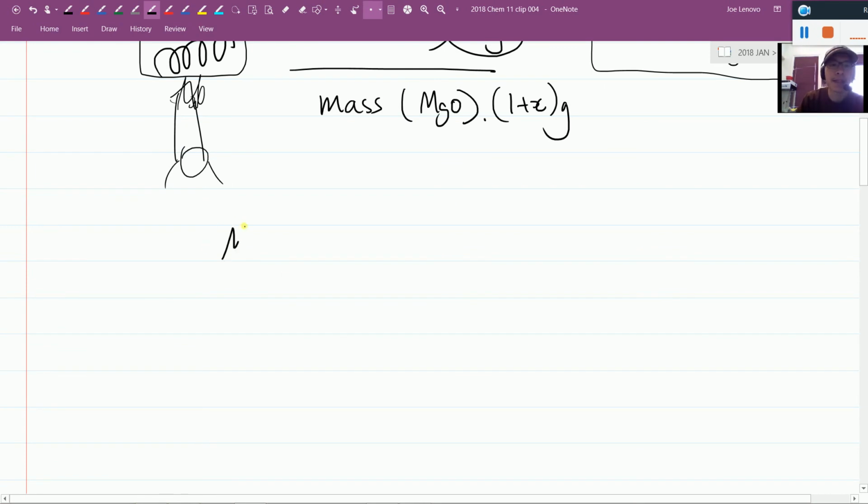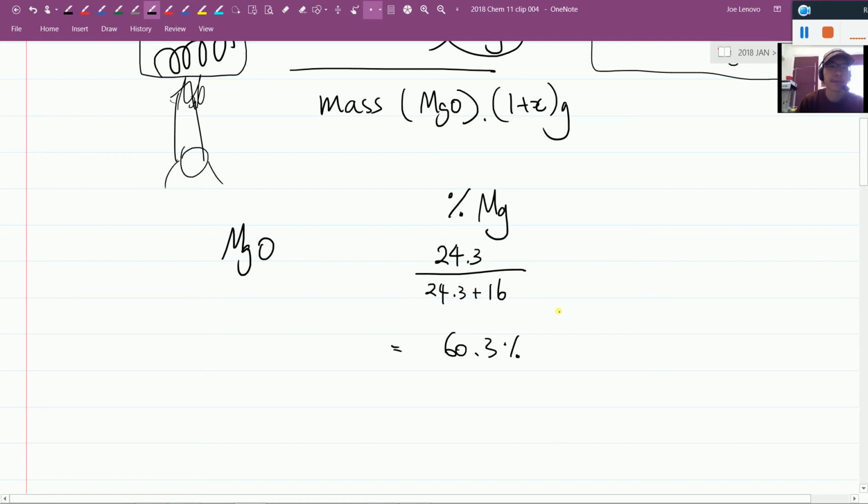Let's say this is magnesium oxide. We've been learning about the percentage mass of the magnesium in MgO. We know that magnesium is 24.3 from the periodic table, out of the total mass of MgO, which is 24.3 plus 16. We find that the percentage of magnesium would equal 60.3%, like 24.3 divided by 40.3.